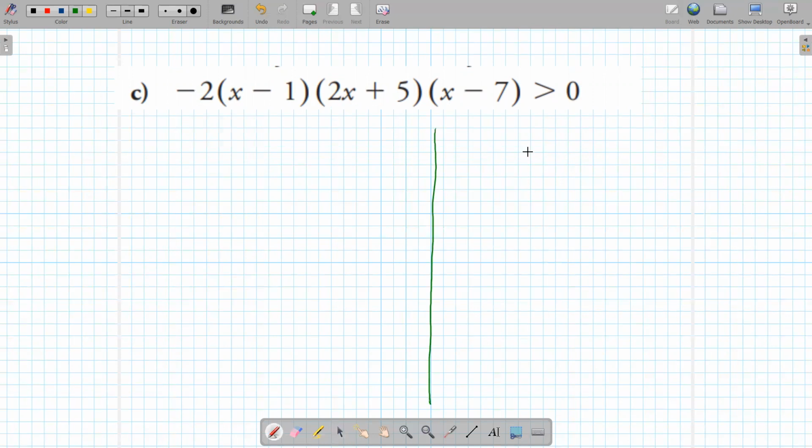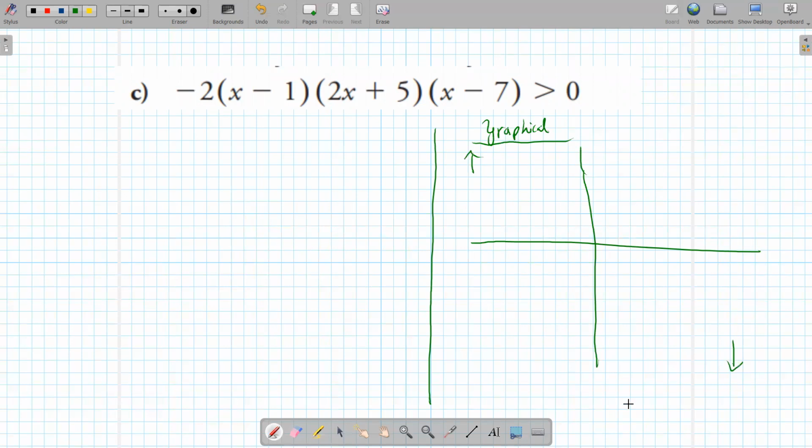We can do the graphical way first. Where are the x-intercepts? 1, -5, and 7. Not negative 5, try again. Not negative 5. -5/2. Yes, which is negative 2.5.